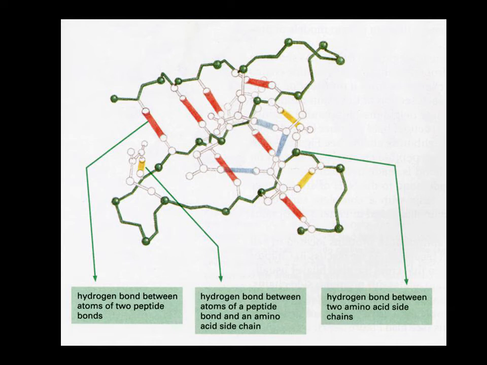Then the three-dimensional structures have two names. One is secondary structures, which are local but very strong structures. There are two types of secondary structures, the alpha helices and the beta sheets. These are relatively small structures, but they are very strong and quite stable. Then the overall three-dimensional structure of the peptide chain is called the tertiary structure.